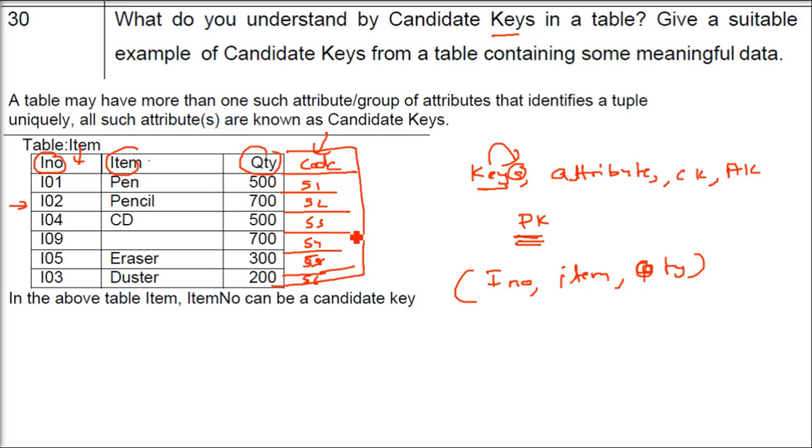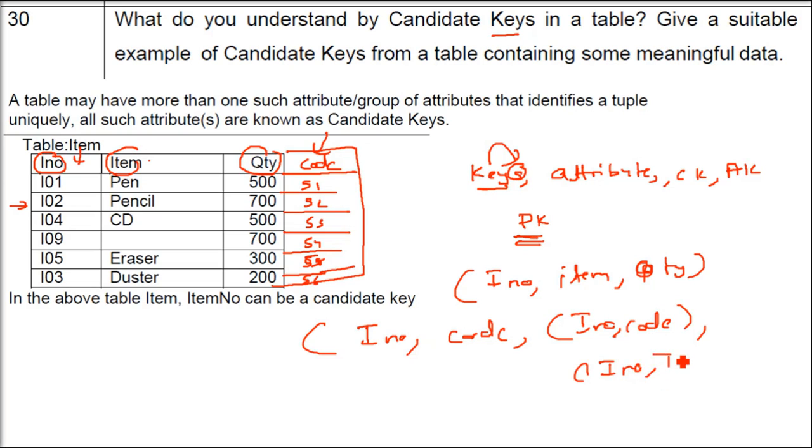And if I combine code with item, it can also be a primary key. Item number and code can also be a primary key. That is, item number, code, item number and code, and item number and item, this can also be because this is a unique combination. These all are possible.